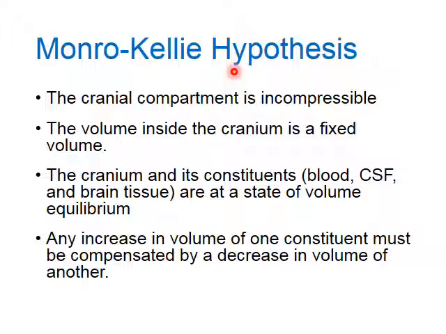And what we usually end up seeing is the brain, which is the softer of the tissues here and under least pressure, even though it needs to be perfused, will end up getting squeezed. So the Monro-Kellie process says that if you increase the volume of one constituent, it will affect the rest of the constituents. They either get compressed or pushed out.